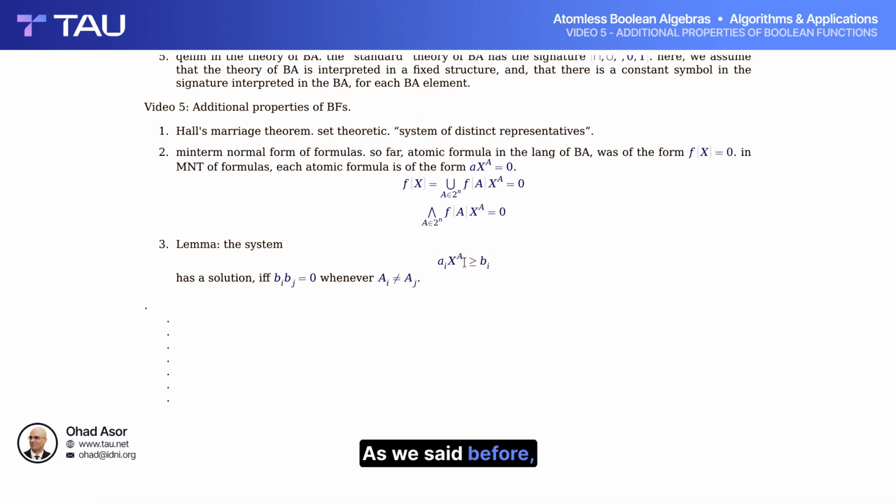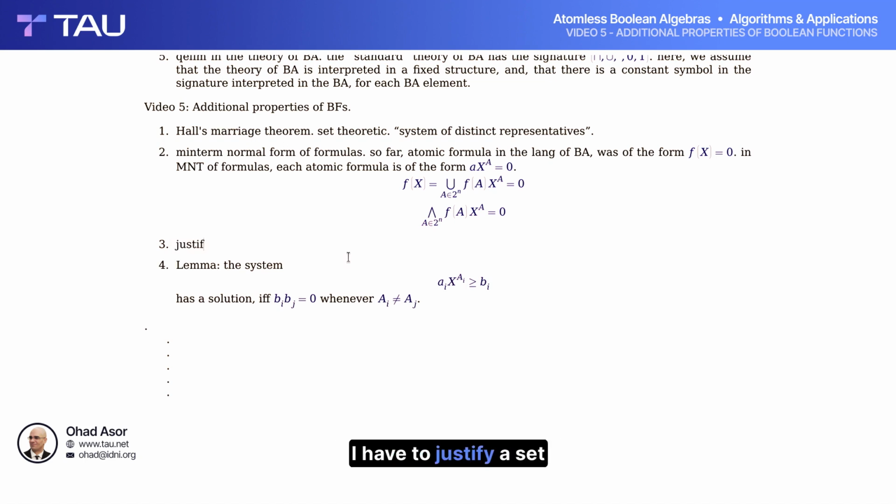As we said before, all minterms are disjoint. So those are disjoint sets. Which reminds me, forgive me for the interruption, I have to justify set-theoretic language. I always speak in set-theoretic language. I have to justify this. There is the famous Stone's representation theorem for Boolean algebras.